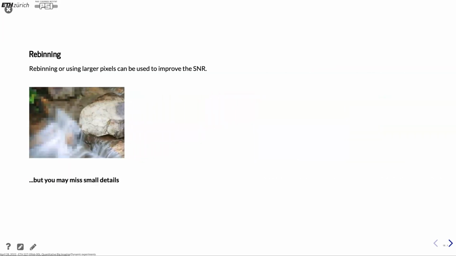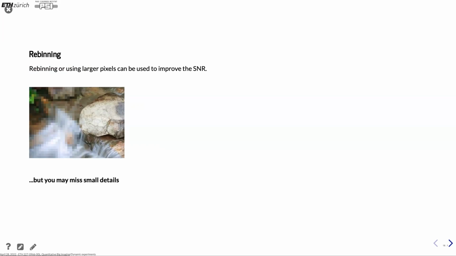So what you can do if you want to improve the acquisition rate is to make larger pixels. You can tell the camera, okay, I want larger pixels, or you may bin them or resample. The cost is that you have a blurred, more boxy image.